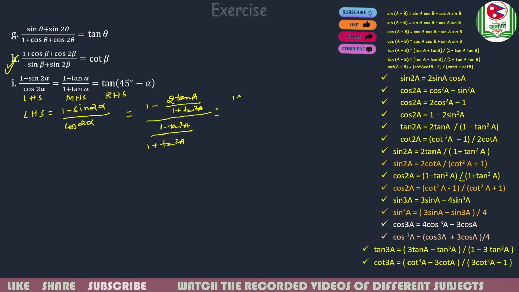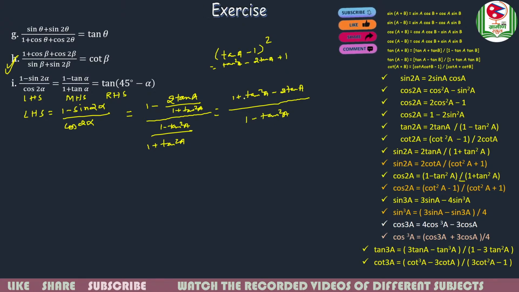Okay, we can write (1 plus tan squared A minus 2 tan A) upon (1 minus tan squared A). The 1 plus tan squared A in numerator and denominator cancel out. Now just write the formula: (tan A minus 1) whole squared is tan squared A minus 2 tan A plus 1.